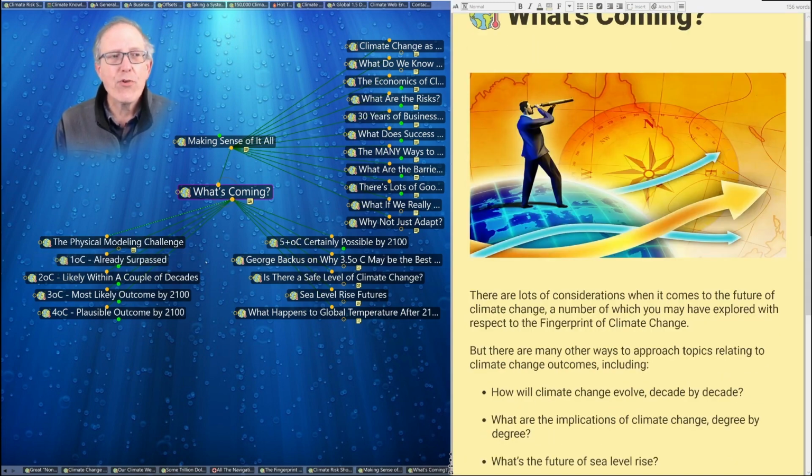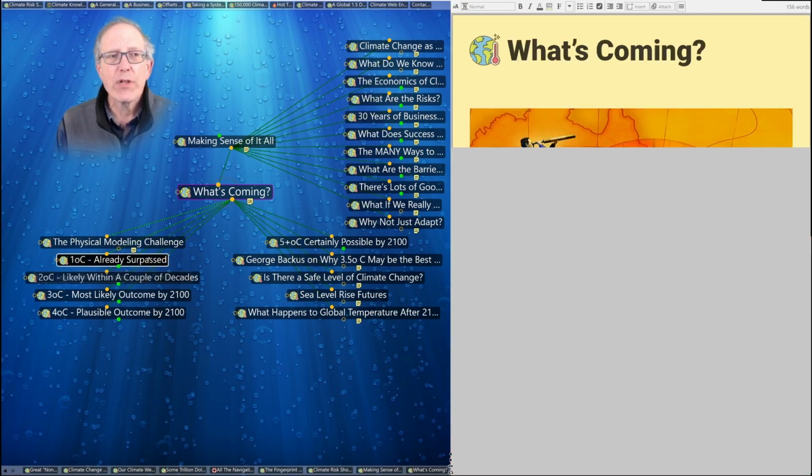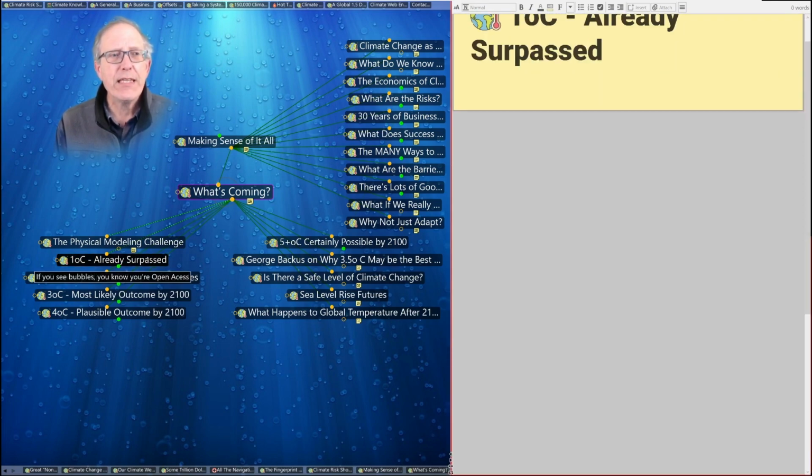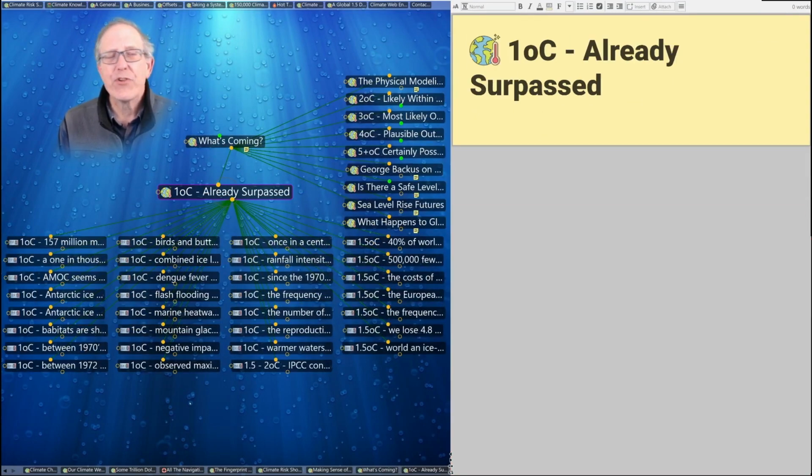You can also then click on some of the implications of a 1 degree centigrade rise. And if you click on that, you'll see that it is linked to a whole bunch of specific examples of what we might expect to see with 1 or 1.5 degrees centigrade.